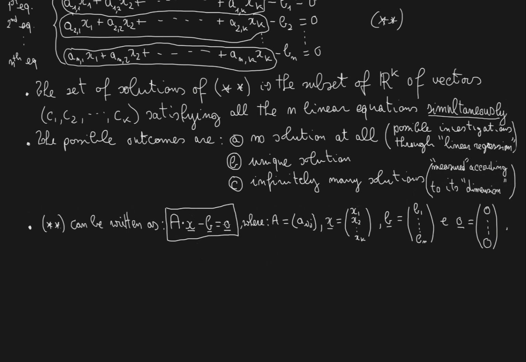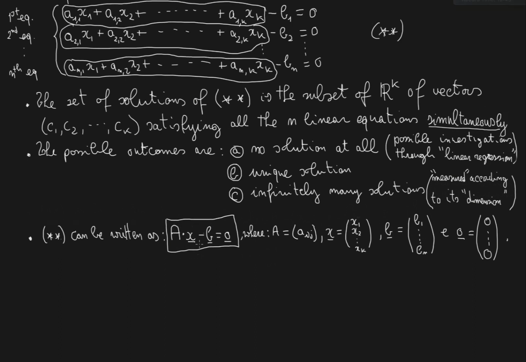Now we see that this equality is an equality between two column vectors of length n. So 0 on the right hand side, and on the left hand side there is this column vector expressed as a product of two matrices and then a difference between two vectors. If one expands A times X using the definition of product of matrices, we'll easily see that this is going to be a column vector of length n.